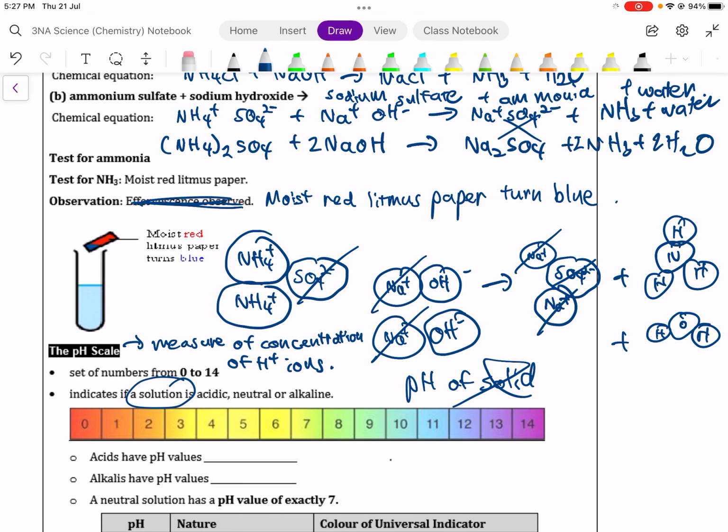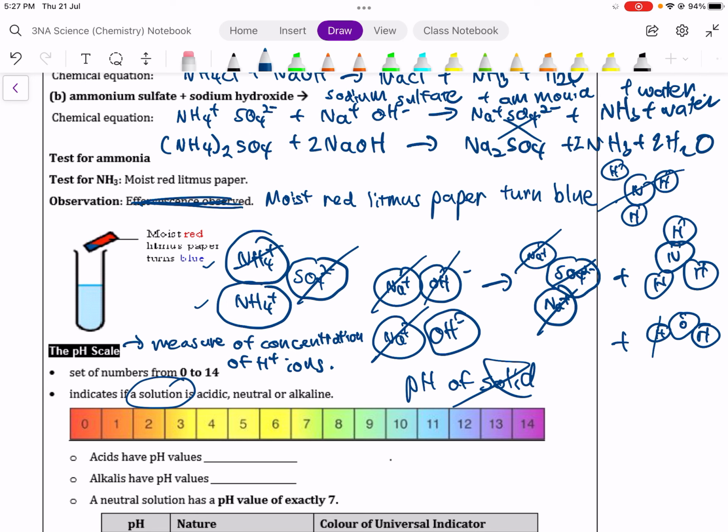Sorry, I realized I missed out something just now for the balancing. What you can visualize is that there are two sets of NH4+, so you have to have one more NH3 over here. So NH4 becomes NH3 and the remaining hydrogen goes to the water together with the OH.